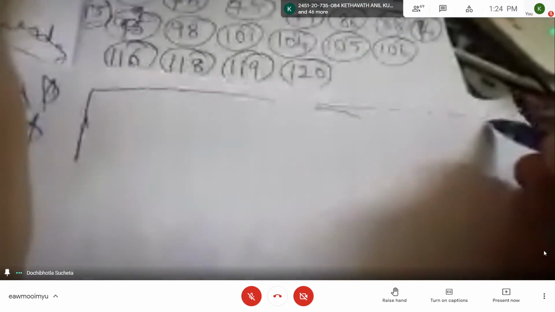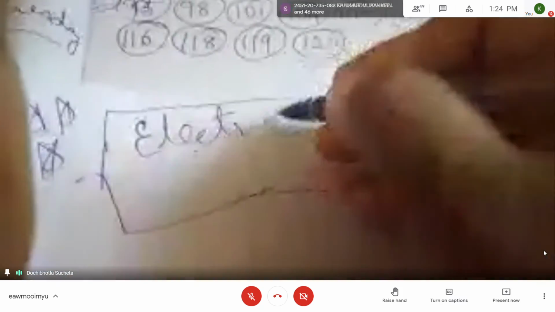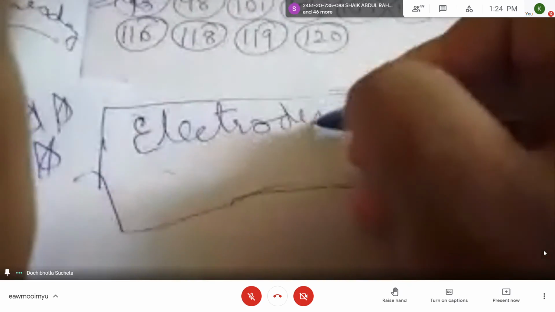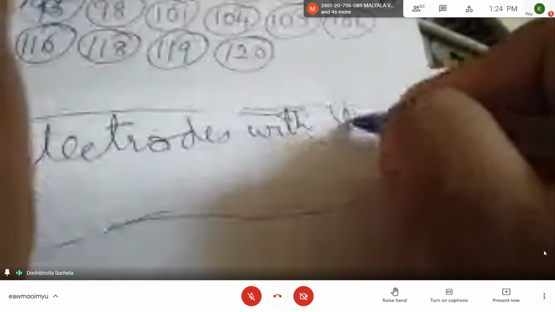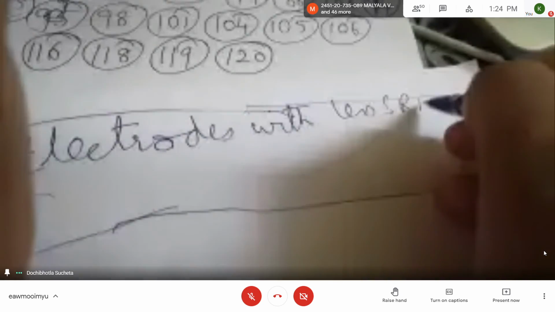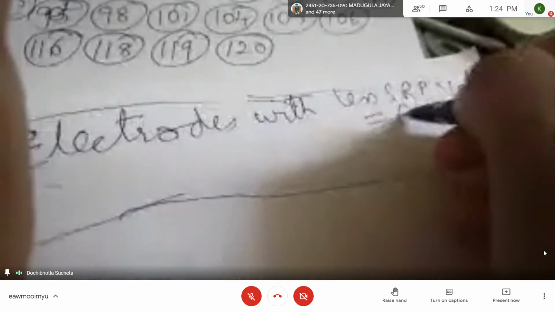Okay. What you will write? Electrode means metal dipped in its own metal ion solution. So what you will write? Electrodes with less SRP value equal to anode.